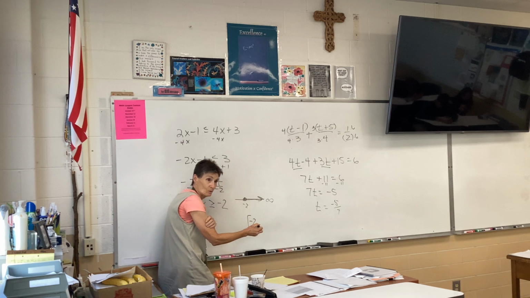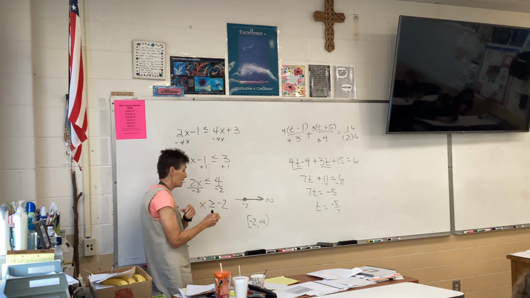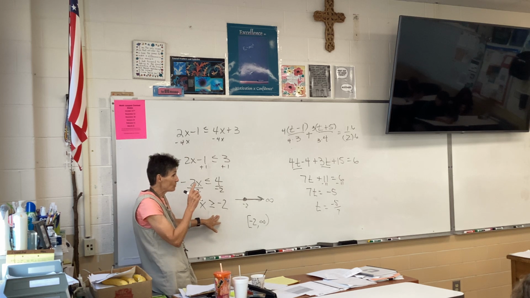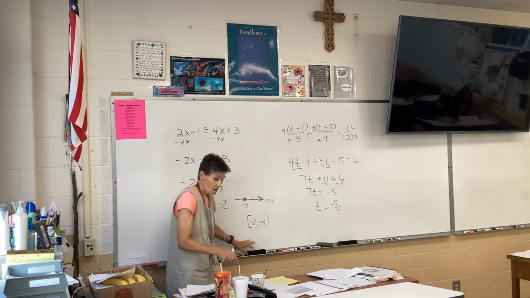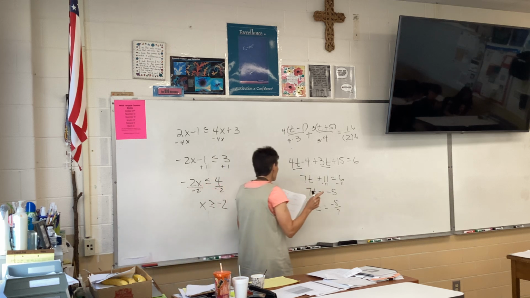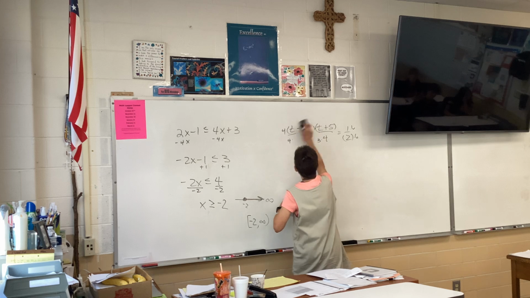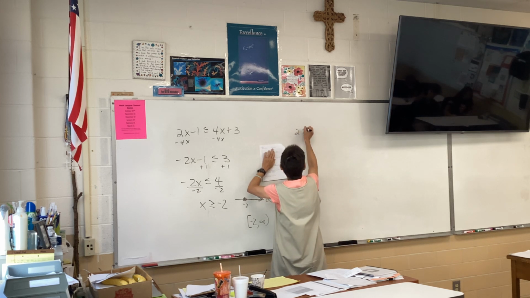Bracket -2, infinity parentheses. Now, this is absolutely the correct answer. But if the directions say, write in interval notation, you have to be ready to do this. Is that all right with everyone? All right. Now, B looks different because B is what we call a compound inequality. It's got 2 symbols in it.